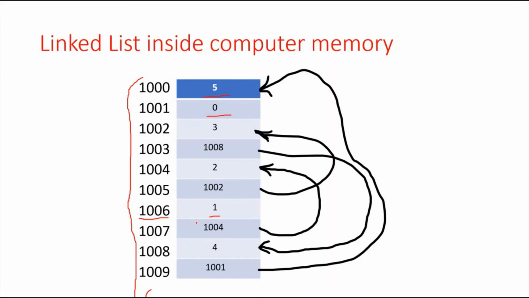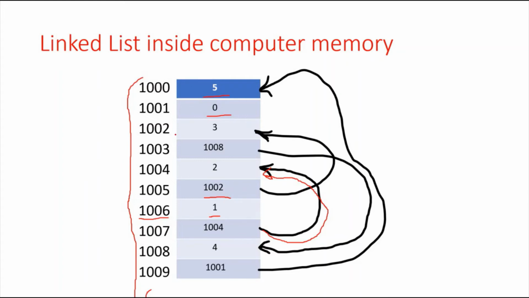Okay, the first element is at 1006 and it has the address of the next element, that is 1004. From 1004 we will go here. Here we go to 1004, which has the element 2, and 2 has the address of the next element.